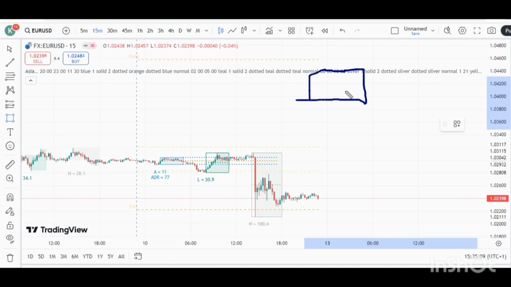Once the market has broken out of the Asian session like this, I will wait for the market to either pull back and reverse. That's the first one. This is messed up, let me mark this.